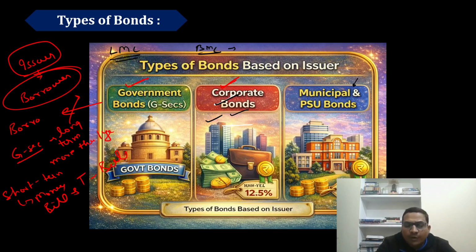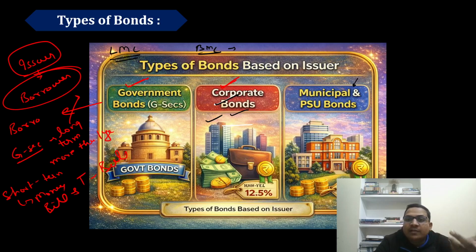See what is the work of a municipality. They have a responsibility to build roads, public toilets, and everything. Whatever these municipalities work on is for infrastructure development, and they need money. So in order to develop this infrastructure, they need money. So in order to raise that money, they sell the bond into the market.